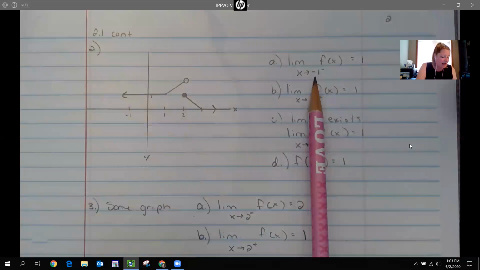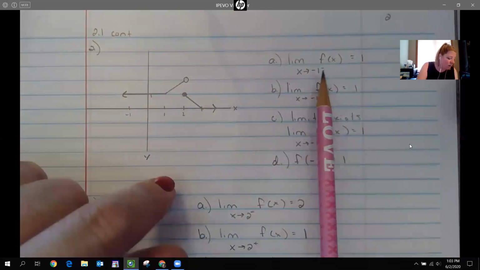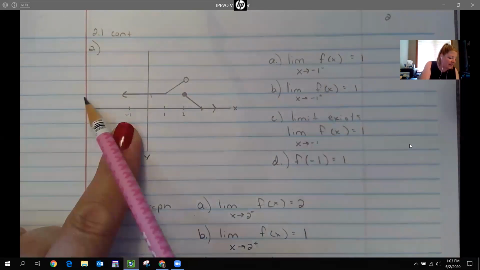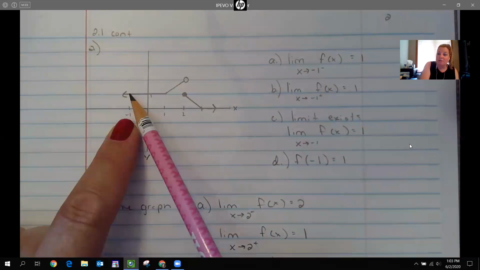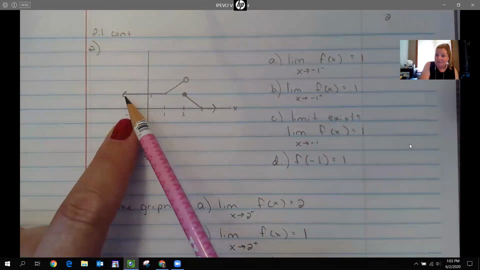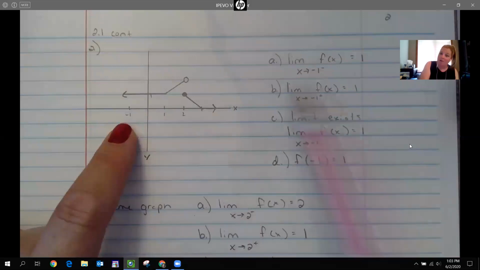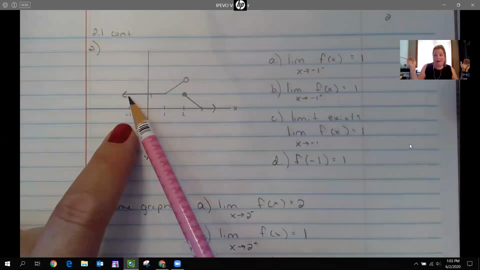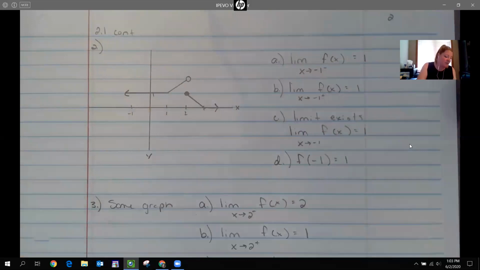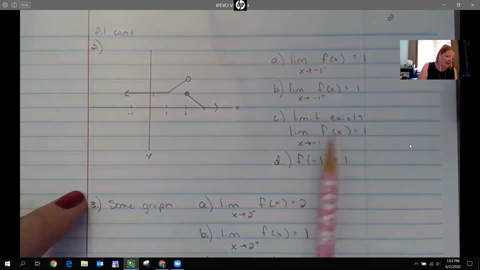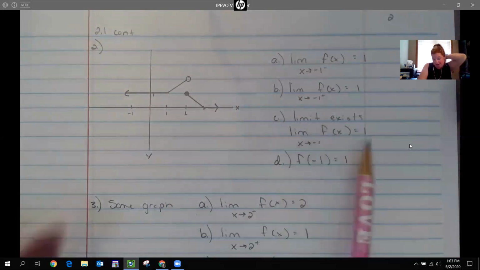If we're approaching -1 from the left side, what number are we going to? 1. As we approach -1 from the other side, it's still going to 1. So the graph went to the same spot there. So this limit exists, and it is equal to 1. So as you approach -1, it equals 1.